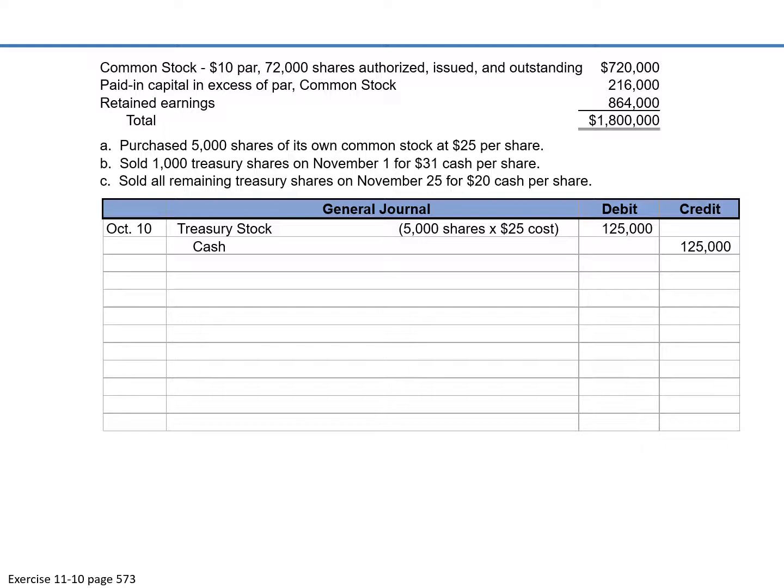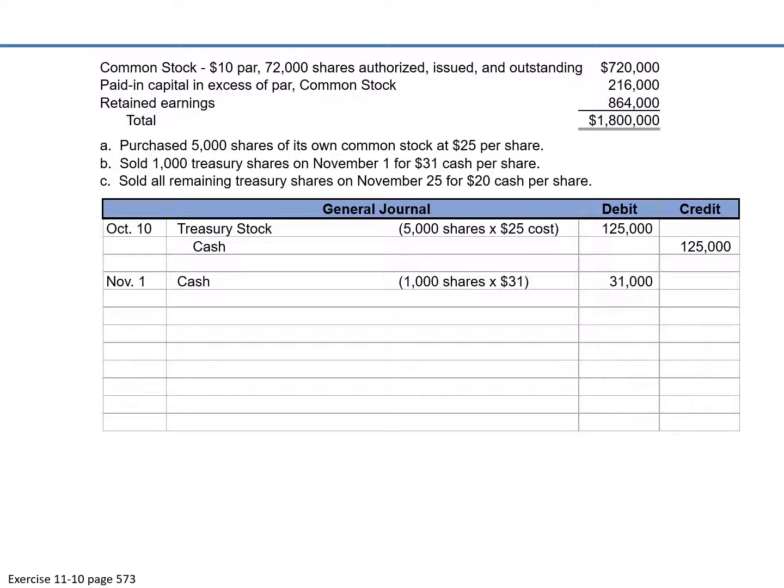Then in letter B, we sold 1,000 of those 5,000 shares that we bought back on November 1st, and we sold them for $31 cash per share. So we sold them above the cost that they were to us. We're going to receive cash equal to the $31 per share we sold it for times our 1,000 shares.